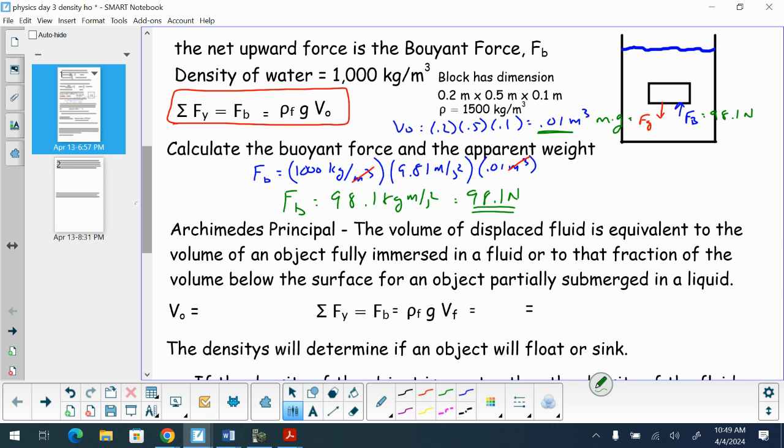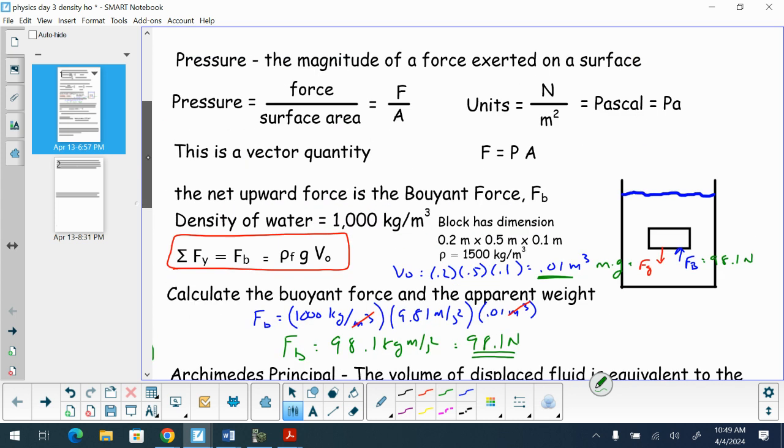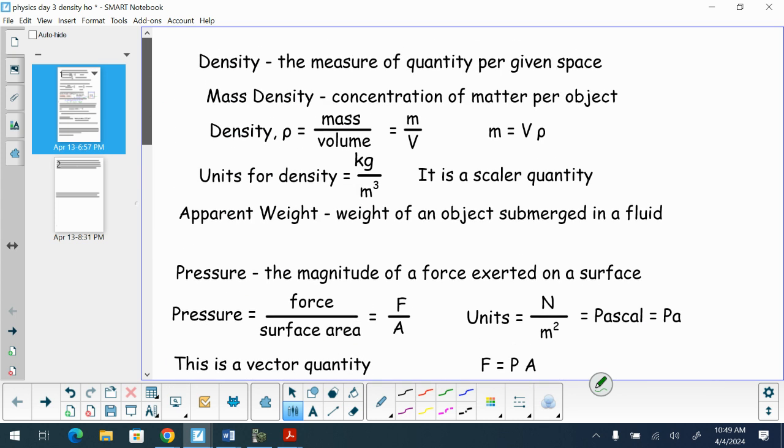How do I find my mass? If I know my volume, what's my mass? Well, I'm given that the density is 1,500 kilograms per meter cubed. Density is mass divided by volume, so if I multiply both sides by volume, mass is equal to volume times density.